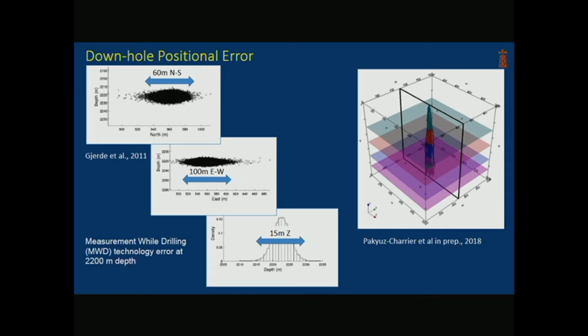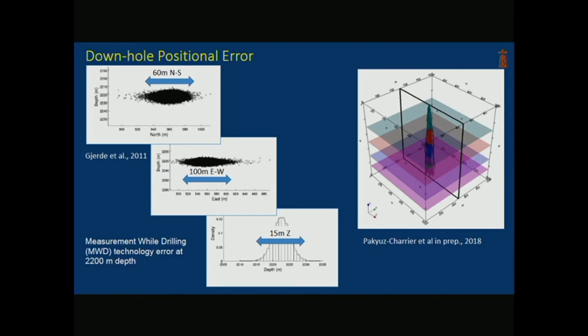And so these are fundamental errors that are going to build into whatever geological model you're making. And of course, if you're looking at this in the mine scale, they don't tend to be 2 kilometers long, although in South Africa they might be, but in most places they'll be much shorter. But they also don't tend to use this sort of technology to work out where the drill hole is going.